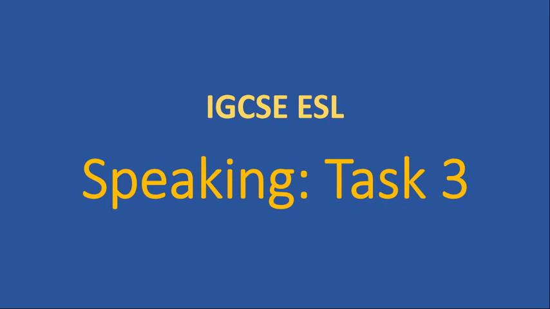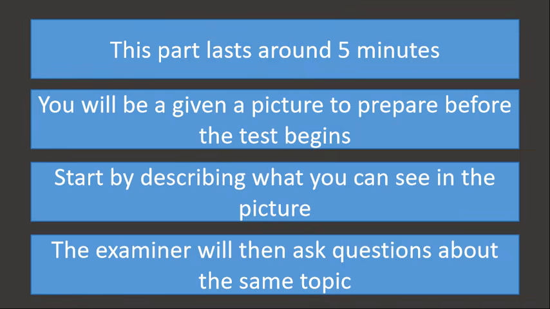Now if we move on to task 3 of the speaking test. This one is about 5 minutes. It's the final part. You're given a picture, and in the 10 minutes before the exam, you can prepare your response to describing the picture. So the first thing that you will do is describe what you can see in the picture.